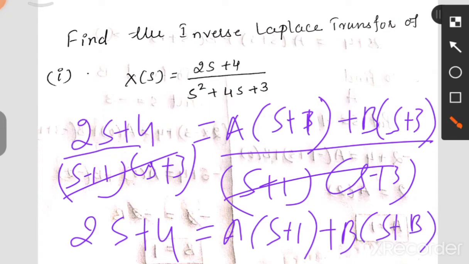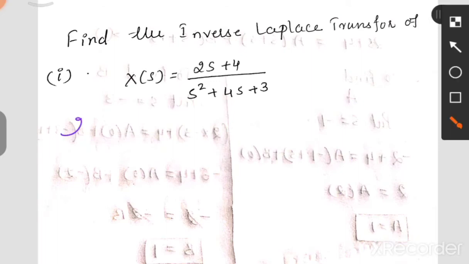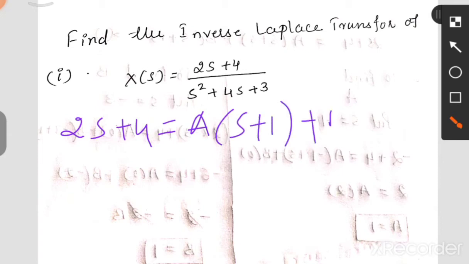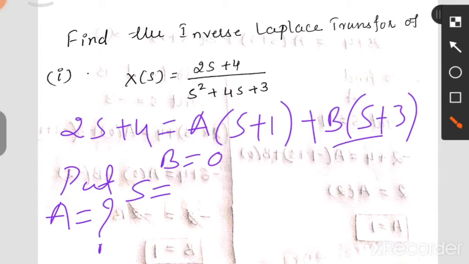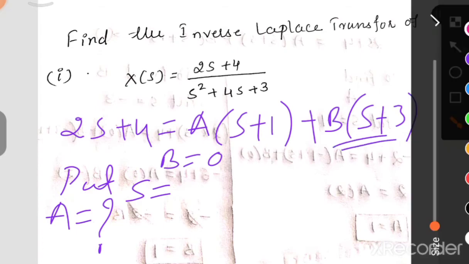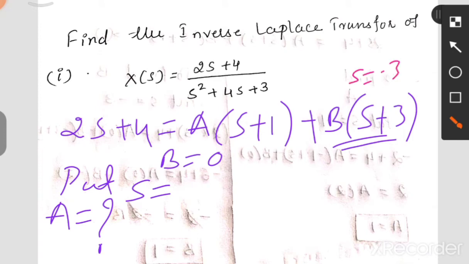In this equation, 2s plus 4 equal to A of s plus 1 plus B of s plus 3, put the value of s in such a way that B becomes 0, to calculate the value of A. What value should we substitute for s to make B equal to 0? If we substitute s equal to minus 3, then minus 3 plus 3 will be 0, so B will be 0.